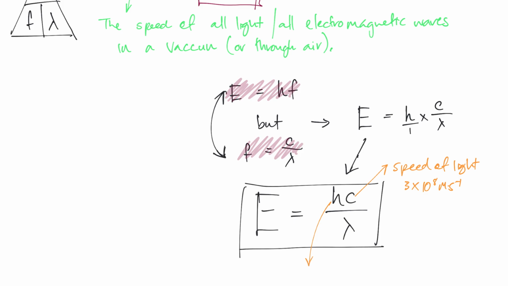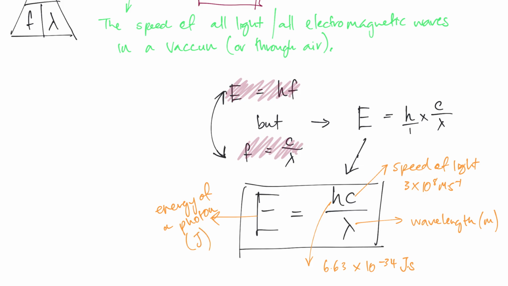I've got h here, which is Planck's constant, which is 6.63 times 10 to the power of negative 34 joule seconds. I've got lambda here, which is wavelength in meters. And I've got E here, which is energy of a photon, which is in joules. So you can use any one of these formulas to find the energy of a photon, but you do have this other formula here that can assist you.